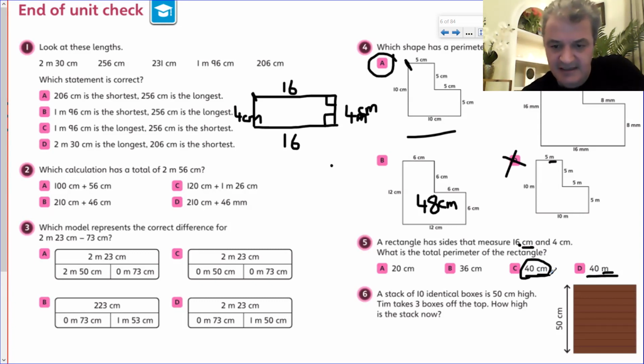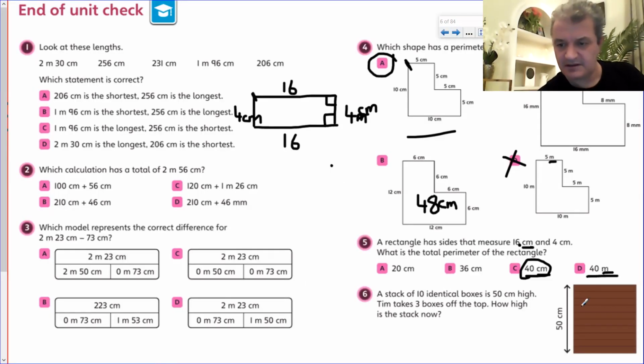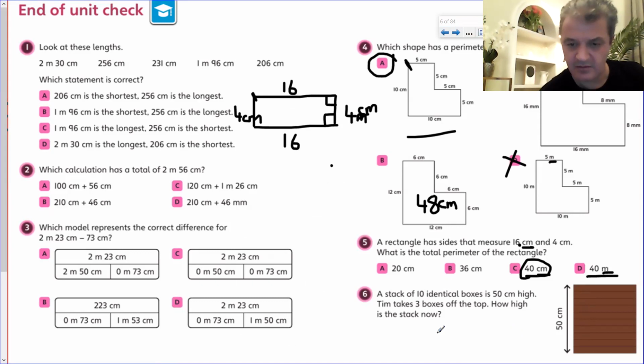A stack of 10 identical boxes is 50 centimeters high. Tim takes 3 boxes off the top. How high is the stack now? So here, I've got 50 divided by 10. How many 10s in 50?